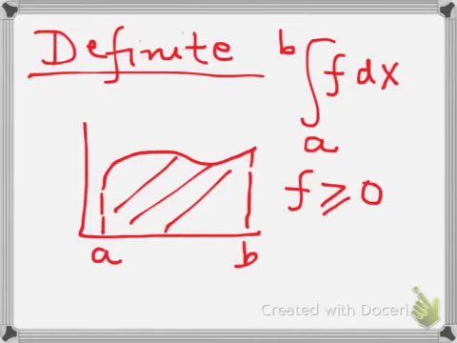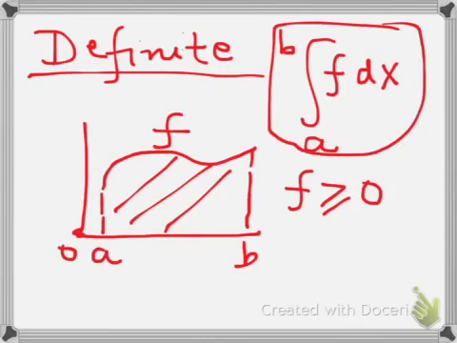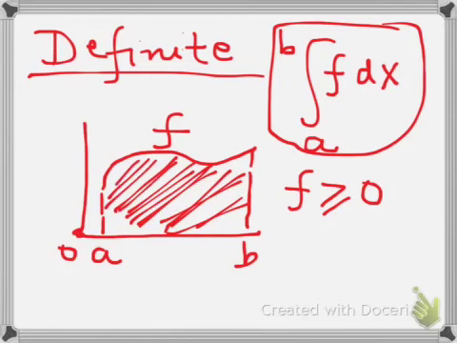This is my origin here, 0, 0. So if f is a positive function, then this definite integral that I have written represents the area under this function, the area of this part right here. So that's why it's called definite, and that area comes out to be a definite number.